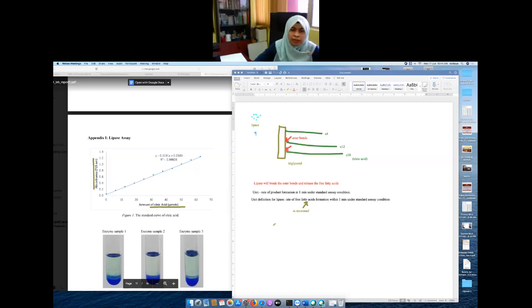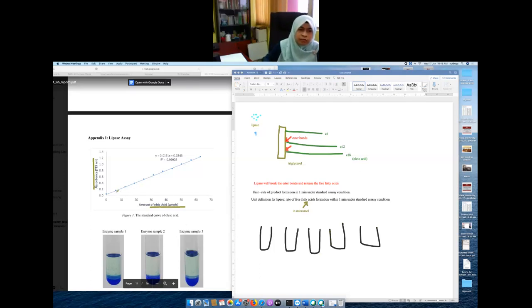We have 10 tubes, first tube, second tube, third tube, up to 10, with different amounts of fatty acid: 6 micromole, 12 micromole, 18 micromole, 24 micromole, 30 micromole.